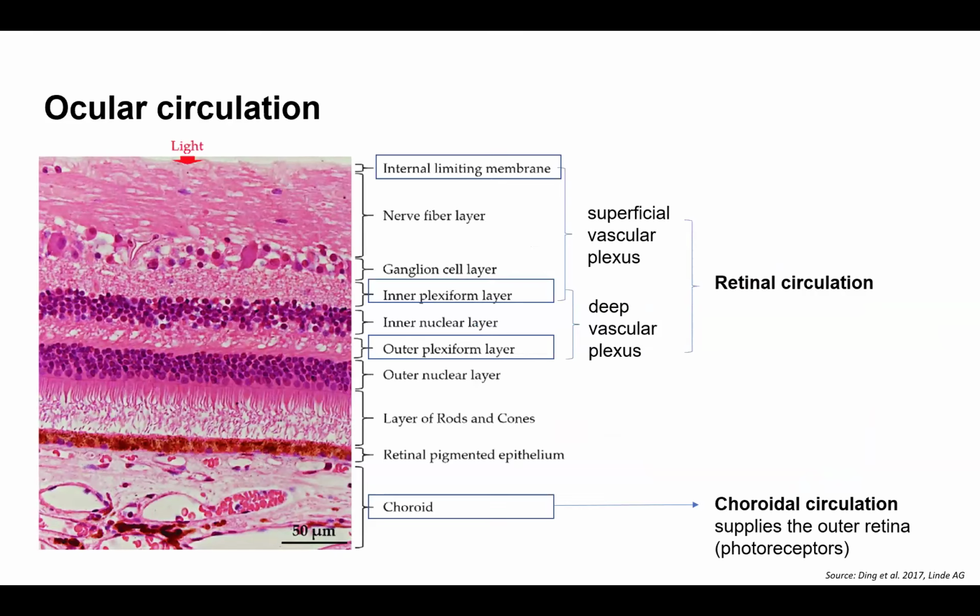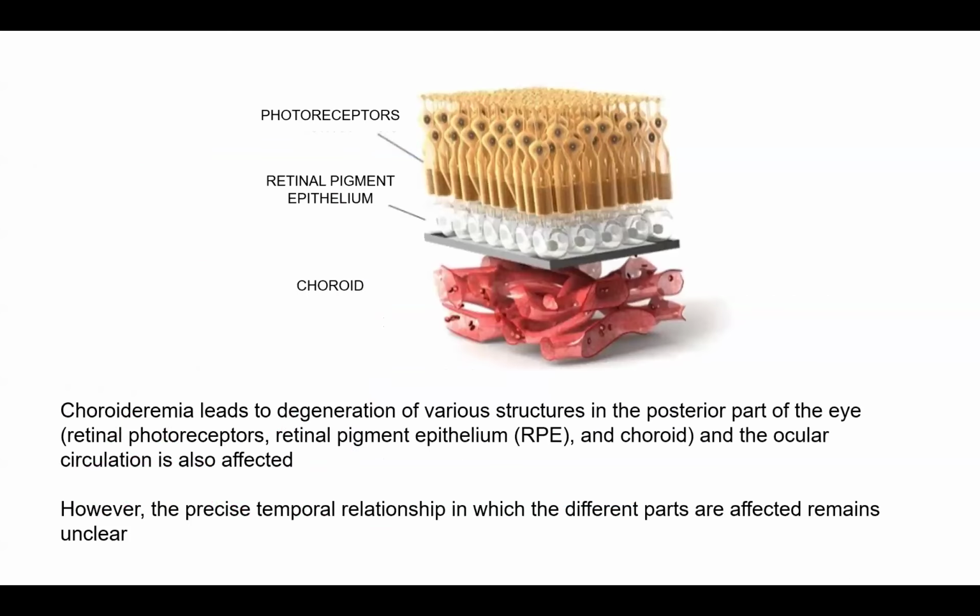The retinal circulation lies in the inner part of the retina, while the choroidal circulation, the second system, lies in the choroid, which is a separate layer under the retinal pigment epithelium layer, which is the layer in between retina and choroid.